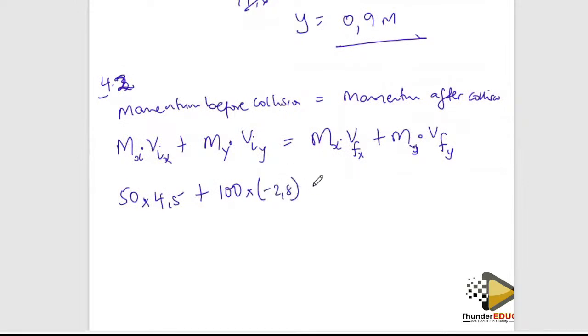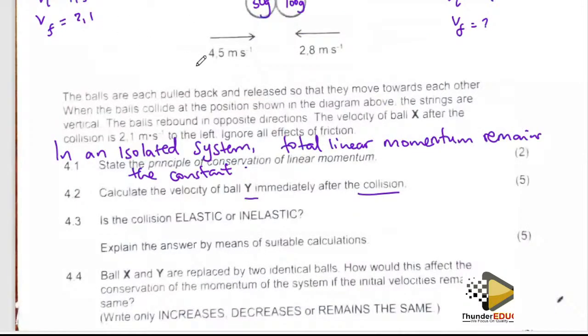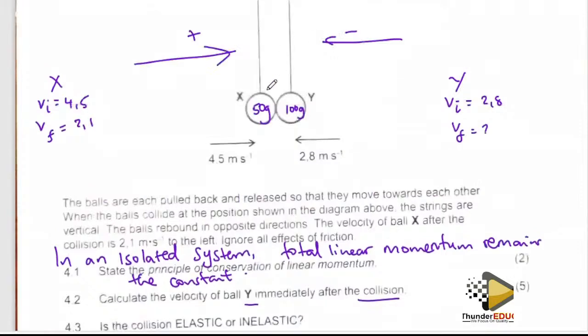Okay, is equal to the mass of X, which is 50. When we look at X after the collision, it bounces off. Remember, they told us that the velocity of X after the collision is to the left, so it's going to be negative 2,1.